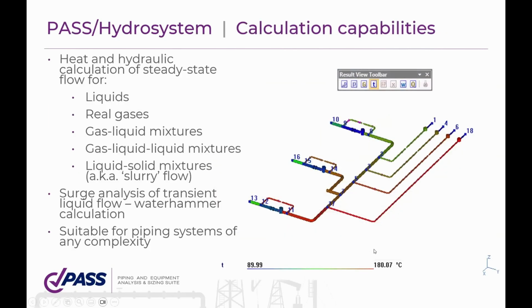In HYDROSYSTEM, you can calculate, first of all, steady state flow, and perform heat and hydraulic analysis for this type of flow, and for various types of fluids: liquids, gases, both ideal gases and real gases, gas-liquid mixtures, gas-liquid-liquid mixtures, and liquid plus solid mixtures, aka slurry, settling slurry flow.